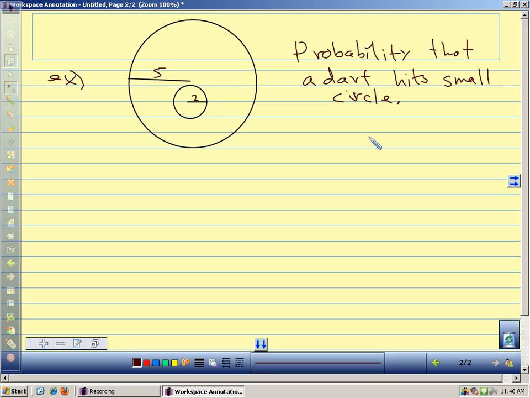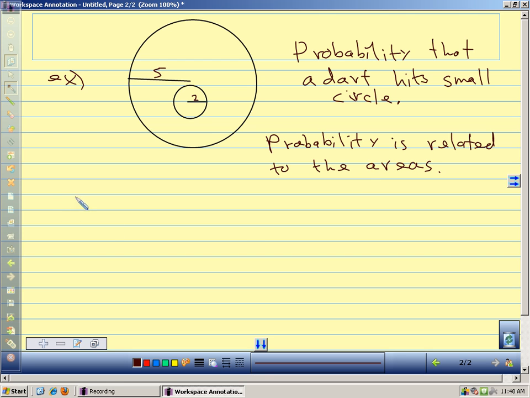We need to know, it has to do with the area. So the probability is related to the areas. So in this case, when I have shapes and I'm interested in the probability of something landing in a particular shape, it has to do with the area.